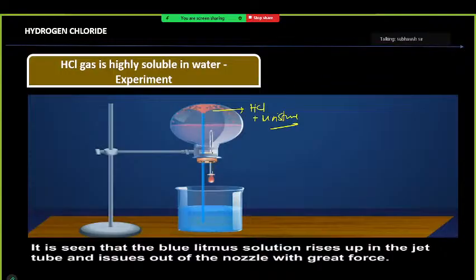So by this experiment, we can prove two different properties of HCl. Number one, HCl is highly soluble in water, and number two, HCl is acidic in character. That's why the blue litmus solution is converted into red.